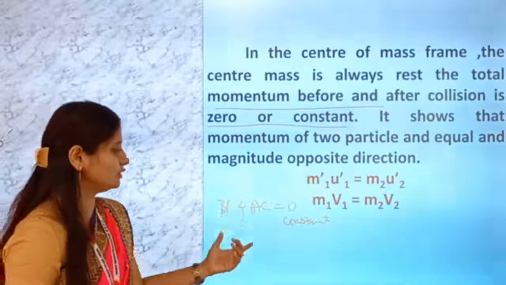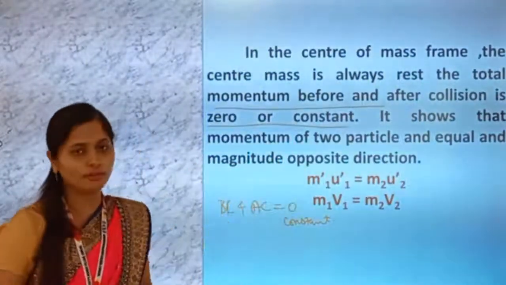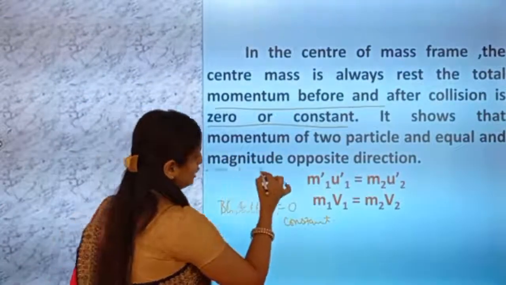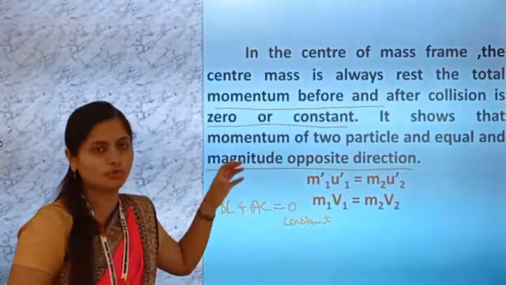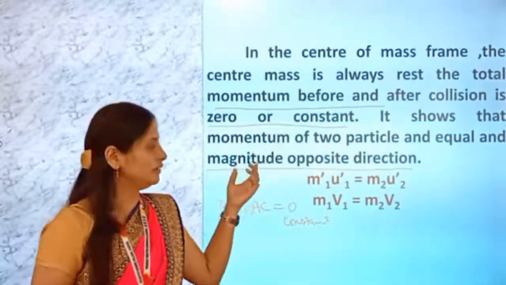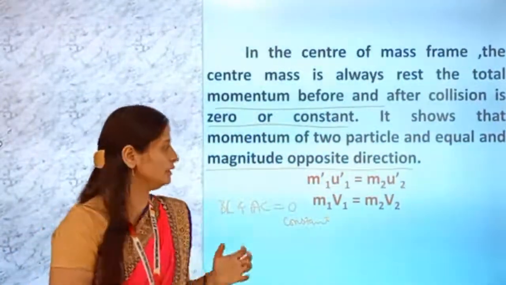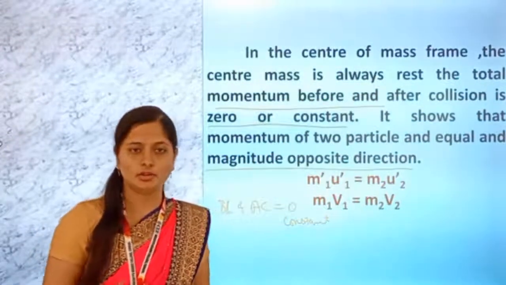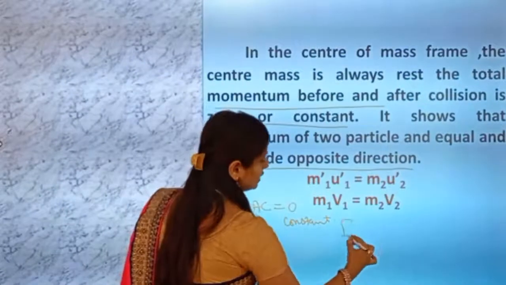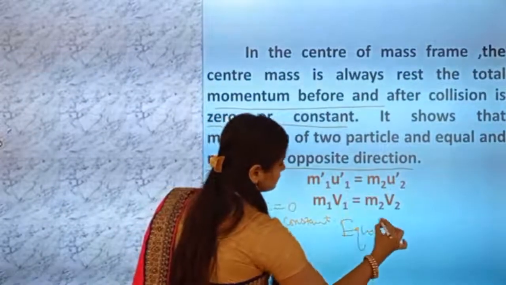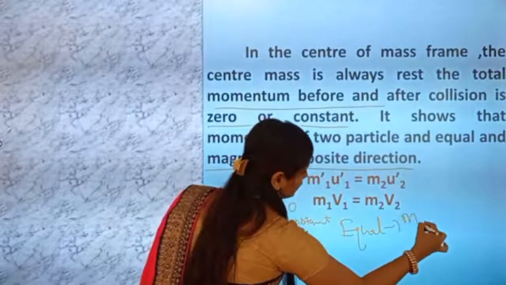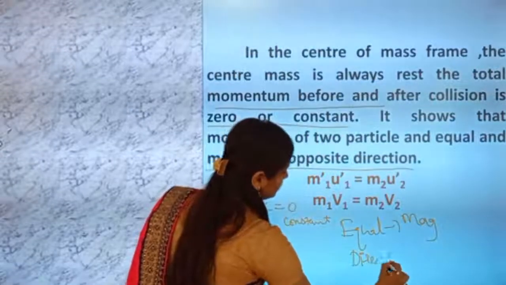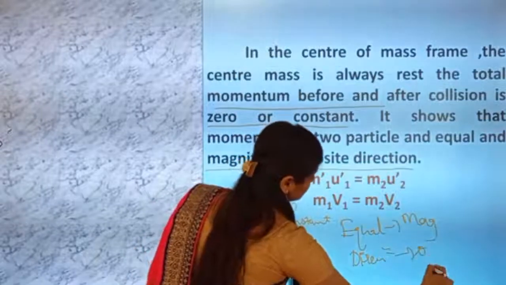So what does it show? It shows that the momenta of the two particles are equal in magnitude and opposite in direction. The magnitude is equal and the direction is opposite.